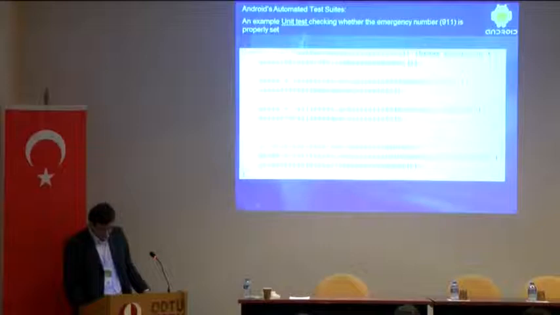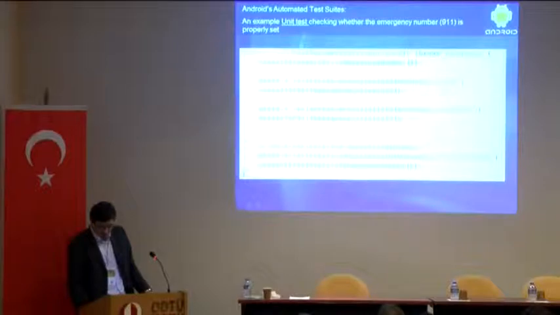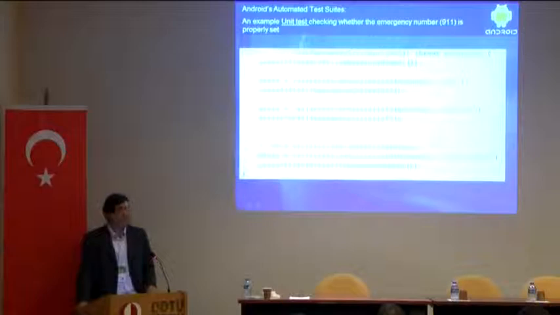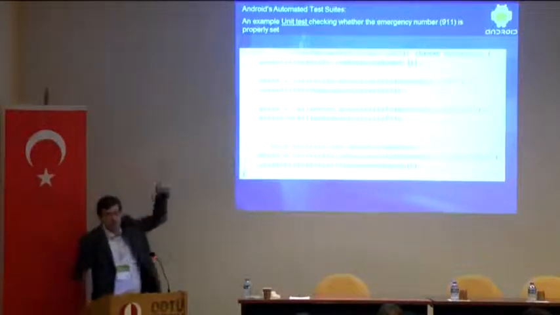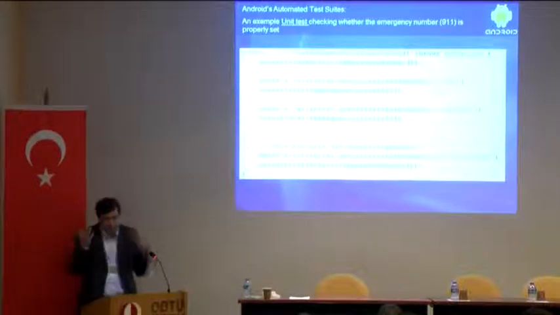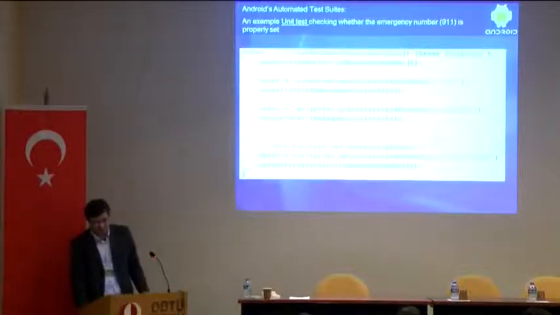There are some details here, but essentially you are testing that 911 is there, and then you assert is valid emergency caller info set, etc. Of course, that's another function written somewhere else, so we don't have the code for it here. But the whole logic is that.